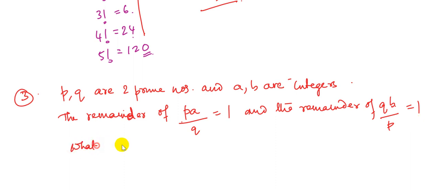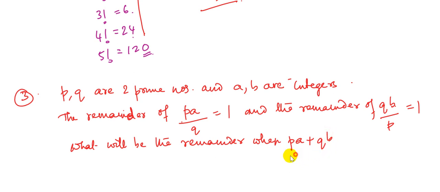What will be the remainder when PA plus QB is divided by PQ?